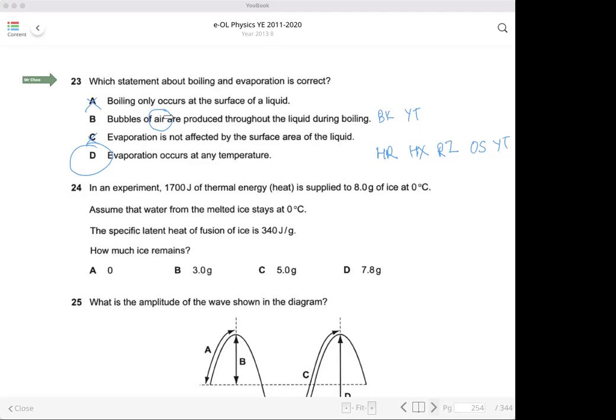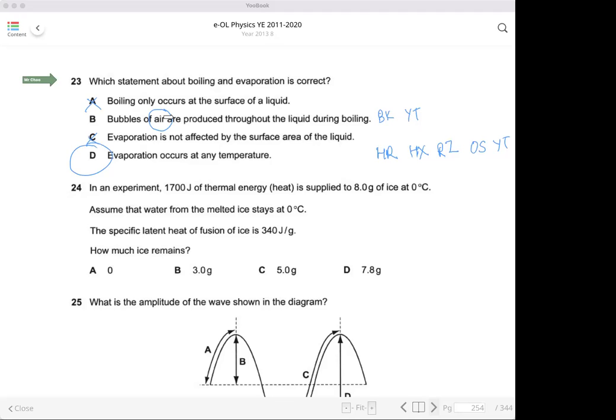But do you also remember that when you boil a liquid, the whole liquid will be at the same temperature because it boils at a fixed temperature? So by right, yes, convection occurs, hot gas rises and so on.